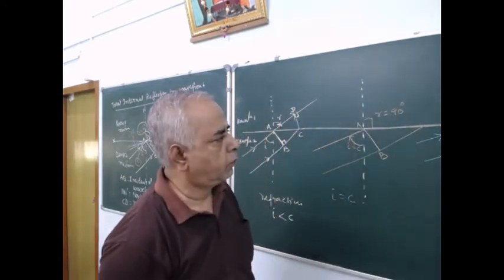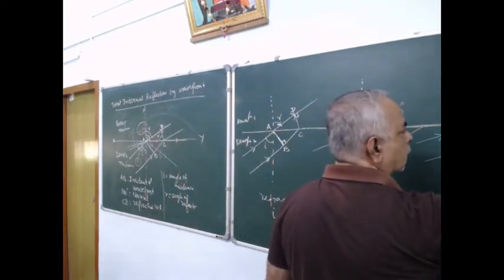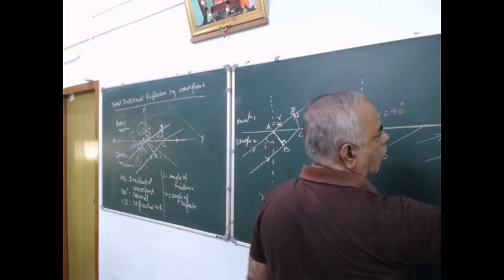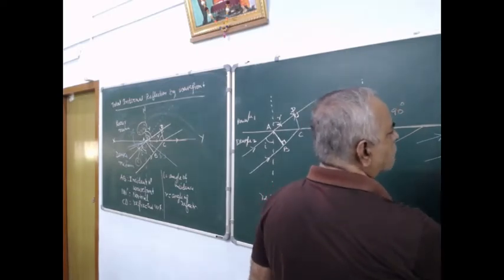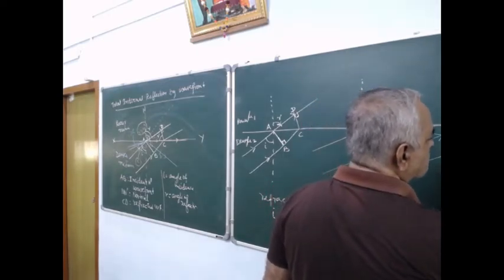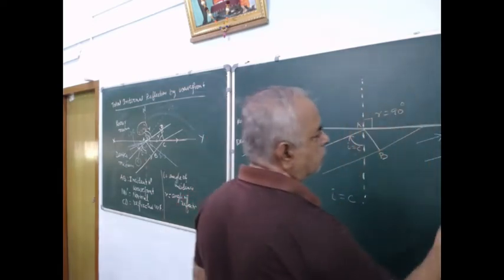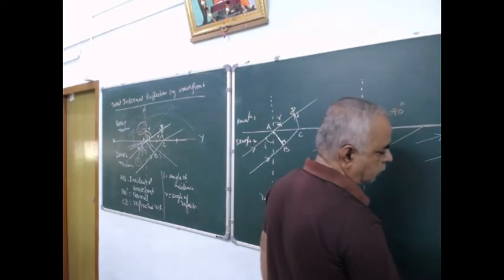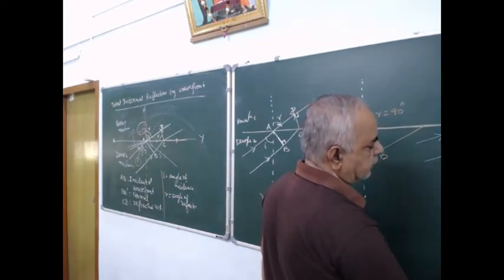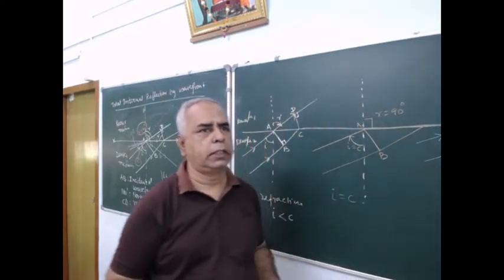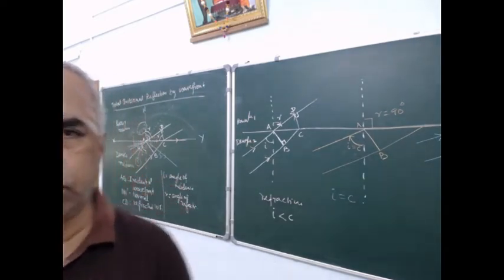Totally internally reflected. And what about this angle? This is R. And what about this? This one is I. Okay. So what is the condition for total internal reflection? I should exceed the critical angle. I hope everything is clear.